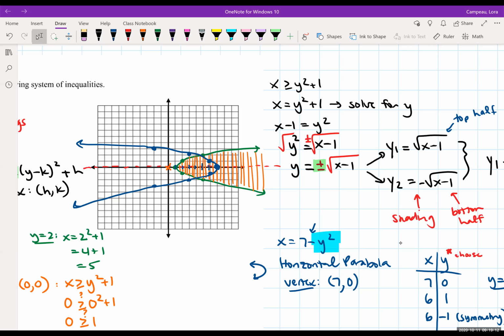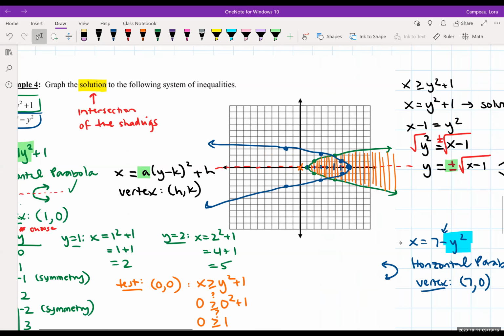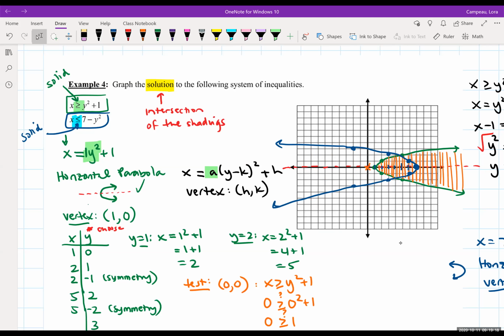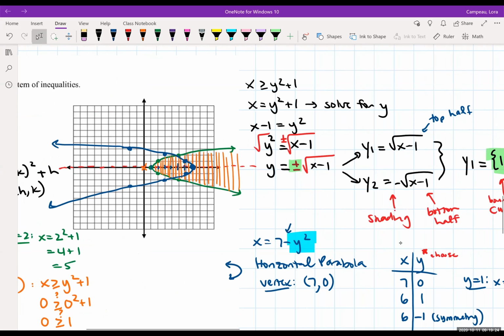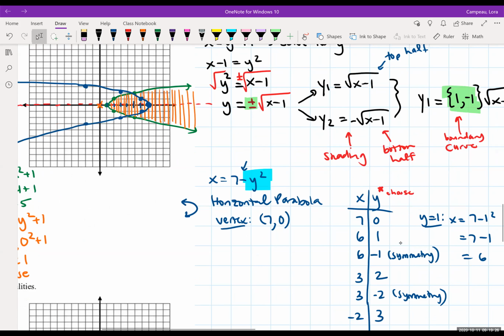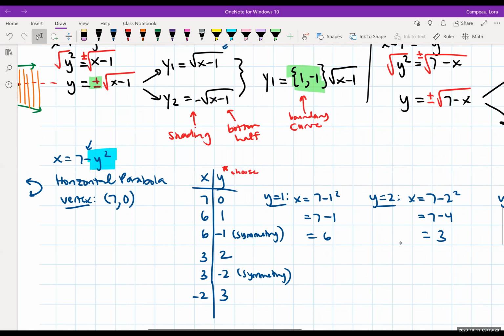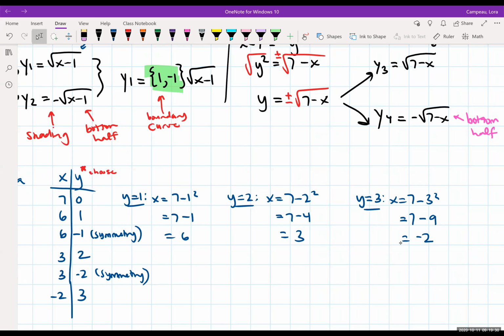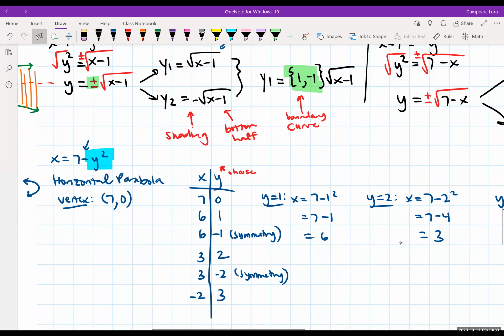Now, my friends, if you're trying to understand the shading of this particular parabola, we can go back and use test points. I'll do that by hand, and then I'll show you what we're looking at on the TI. So here we go. I know I'm using everything off to the side. Let me write out.